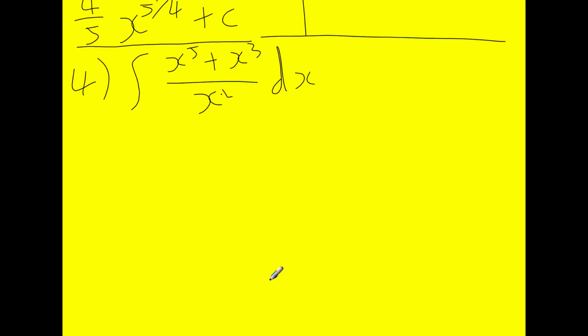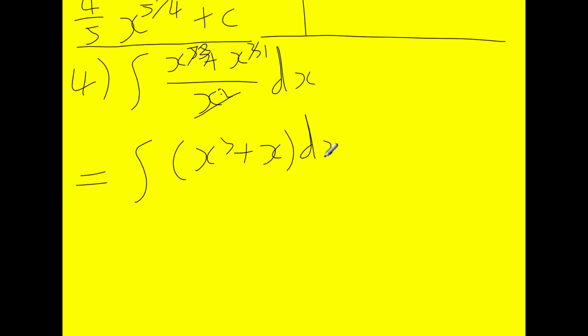Okay, so we can't integrate this directly because it's a fraction, so we need to first of all simplify it. And there are 2 ways to do that. If you're confident, you can just cross that off, change that to a 1, change that to a 3. So it becomes the integral of x to the 3 plus x with respect to x.